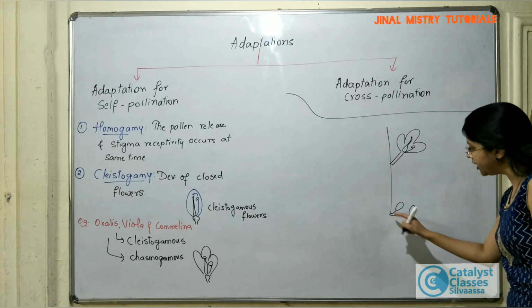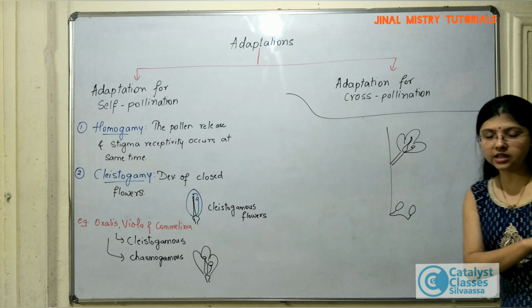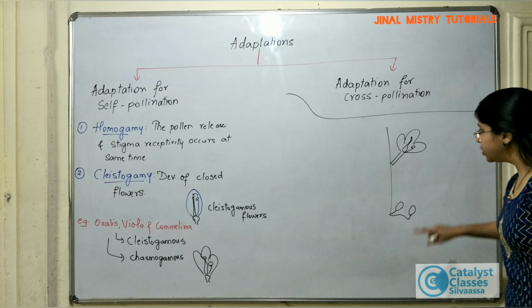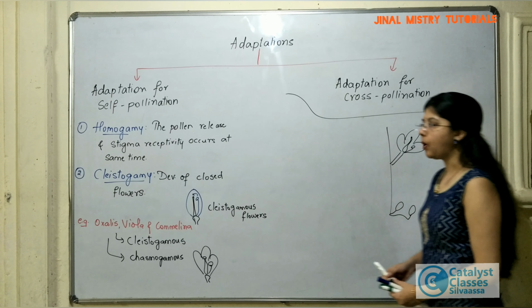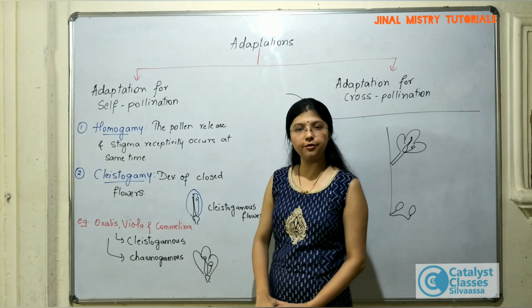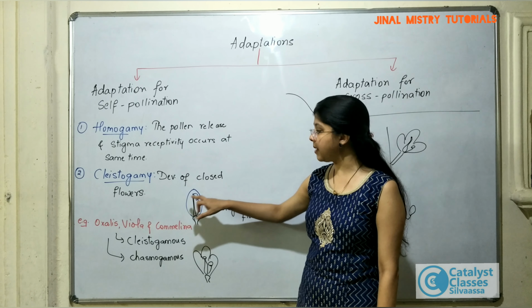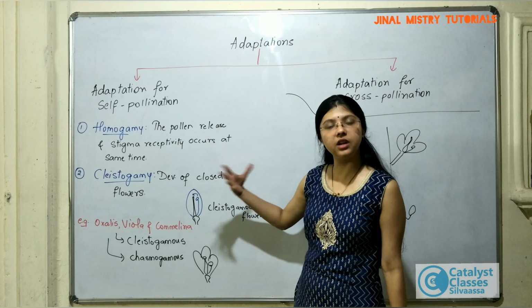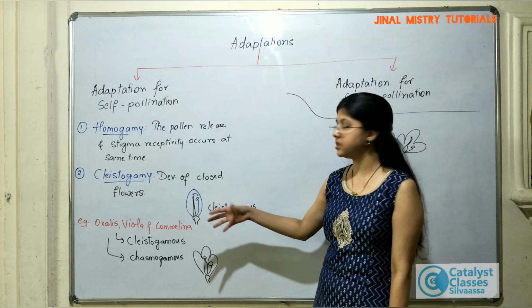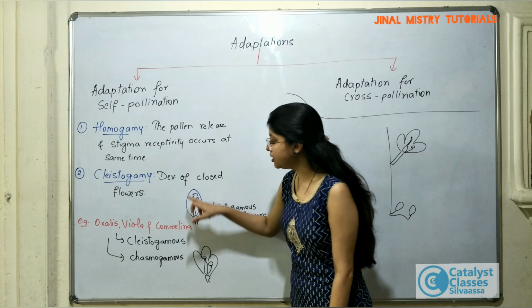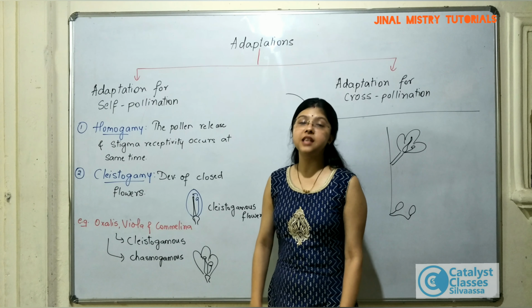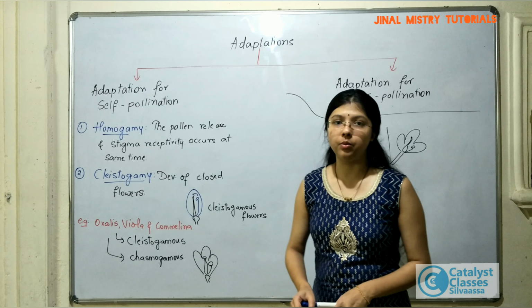Sometimes they can also develop within the soil, or touch the soil. So what is the advantage, or how are cleistogamous flowers going to favor self-pollination? As I said, they will never open themselves, and whenever the stigma and pollen mature and release of pollen grains takes place, it is going to land on the stigma within the same flower. So self-pollination will always be favored.